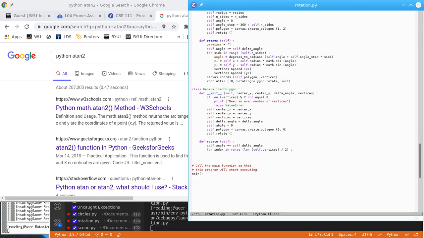And they're all degrees so far. Okay, so angle equals, and this is where it gets interesting, oh, I don't need a self.angle. Interesting, because I'm calculating all the angles.